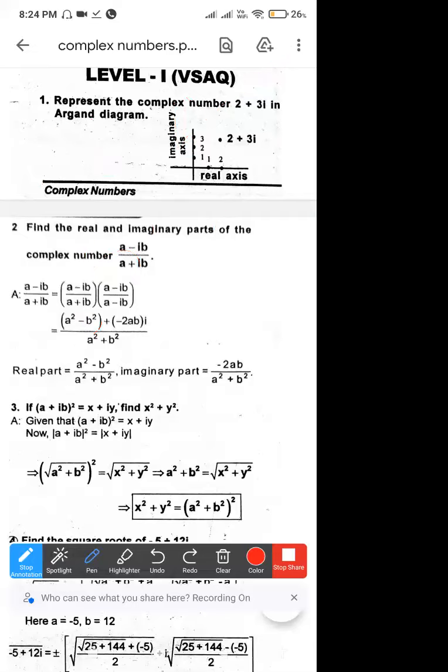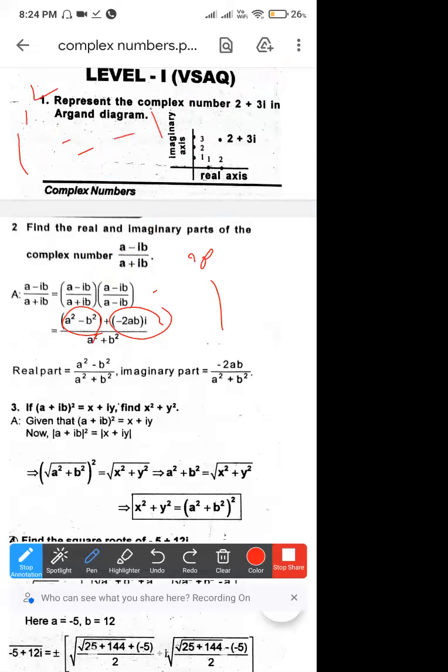So we'll separate the complex part. What is the complex part? This is the imaginary part, which is consisting of i. The part which is not having i, because we have used i square, and i square is minus 1, and minus 1 is a real number.